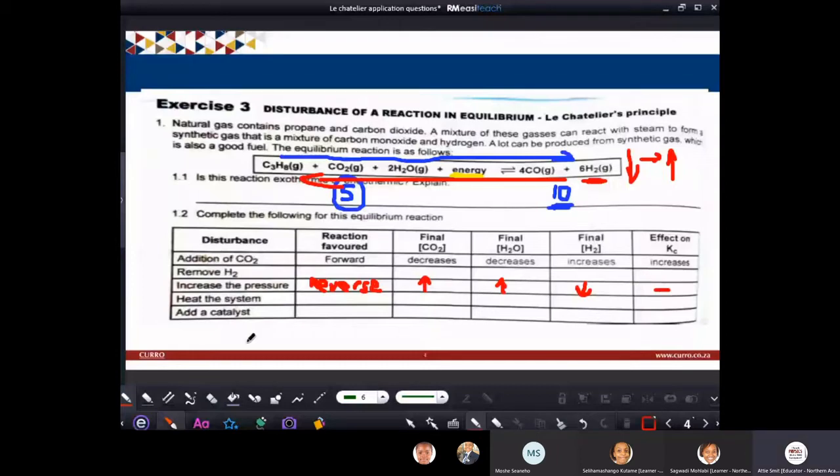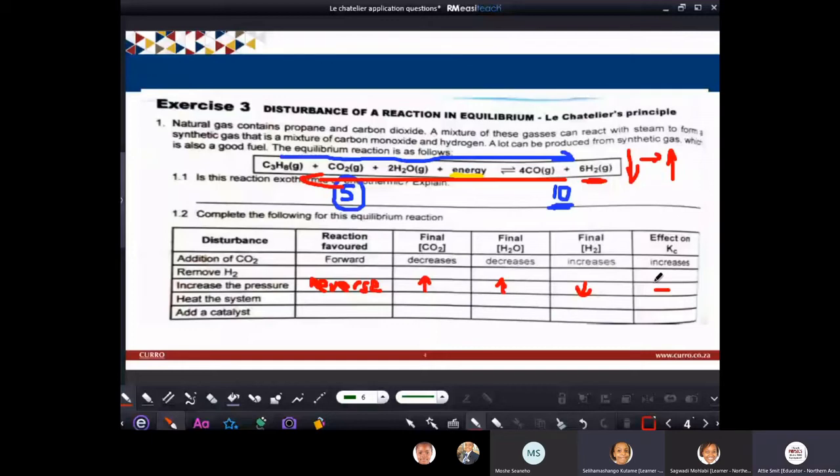Happy with that? Yes, sir. I have a question. How come removing molecules, like in example number 2, doesn't have an effect on Kc? Because the only factor that affects Kc is temperature. Isn't Kc related to concentration?